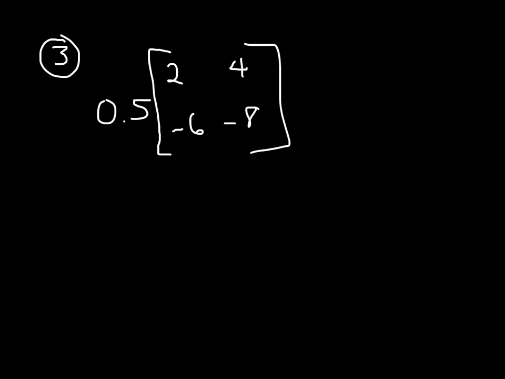Okay, so we added, we subtracted, now we're going to multiply. You'll see there's nothing between this 0.5 and the matrix. So we're going to go ahead and multiply this. And 0.5 is the same as 1/2. So if I take half of each of these different parts, I'm going to end up with, well, half of 2 is 1, half of 4 is 2, and then half of negative 6 is negative 3, and that's a terrible 3.